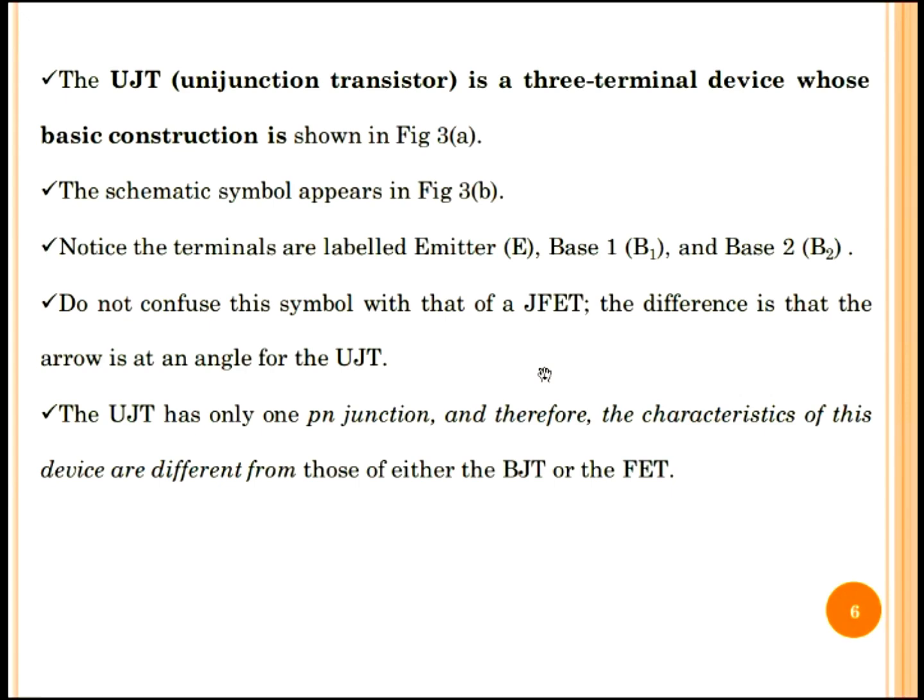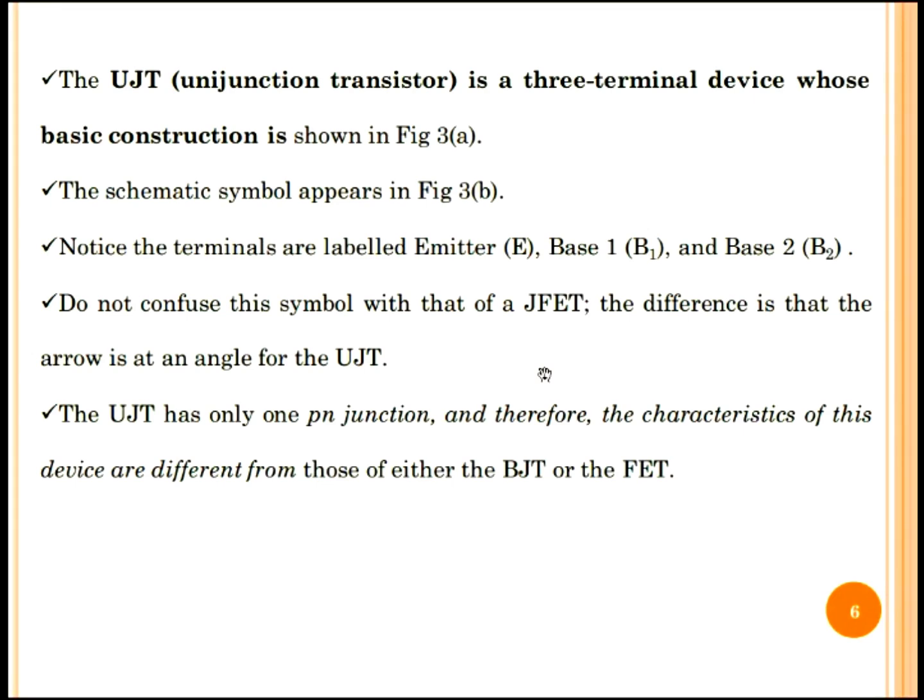Whereas if you take any transistor, we have the emitter, gate, and the collector terminal. Here, instead of having these three regions, we have two bases and only one emitter. This is also something we have to notice and remember.